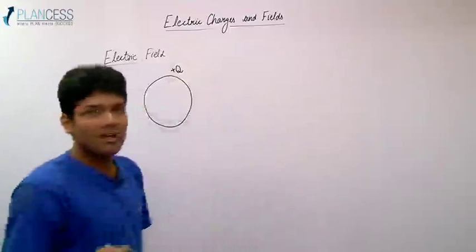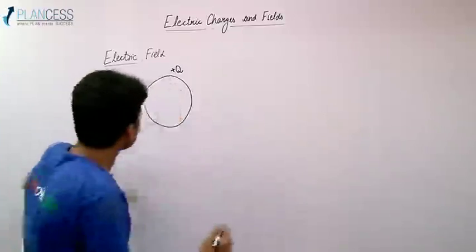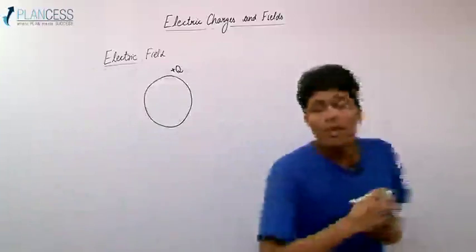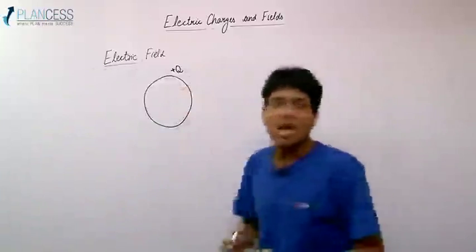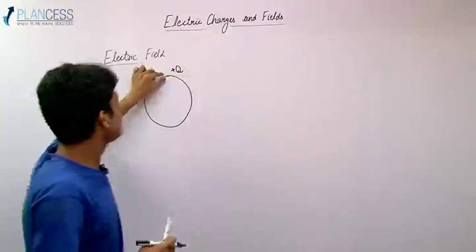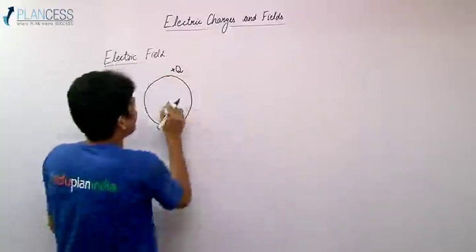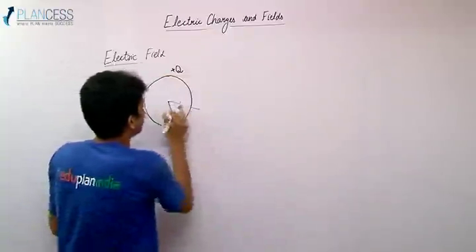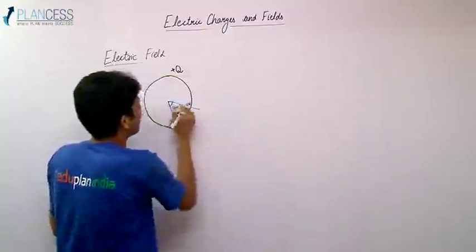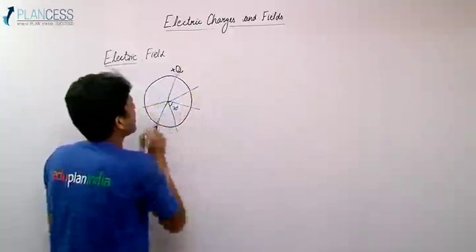Firstly, let's look at the conditions put upon the ring. The ring has plus q charge and it is uniformly distributed on the ring. What do I mean by uniformly? Let's say I take a 30-degree arc here, or here, or here.